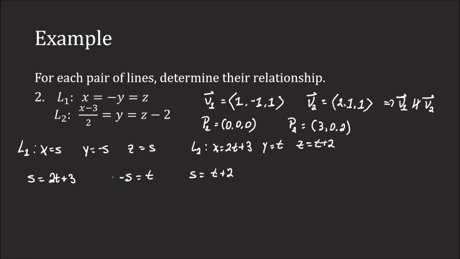So let's take this second equation rather, and plug it into the first equation. So we have s is equal to negative 2s plus 3, which means that 3s is 3, and so s is equal to 1, which means t has to be equal to negative 1.